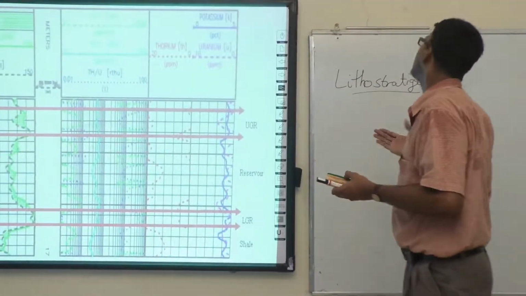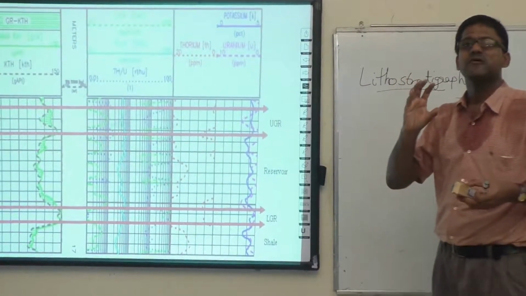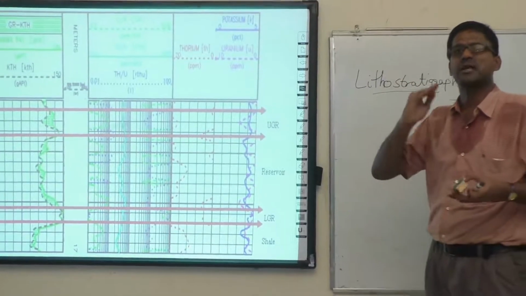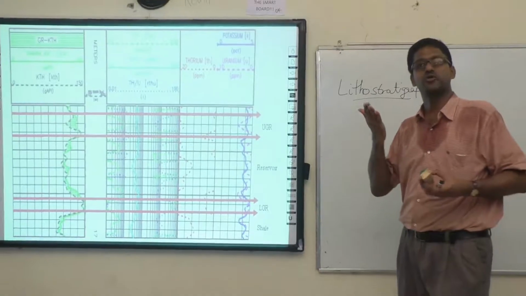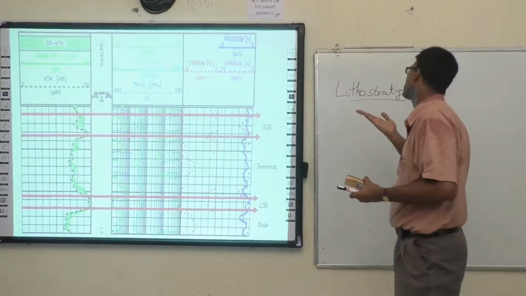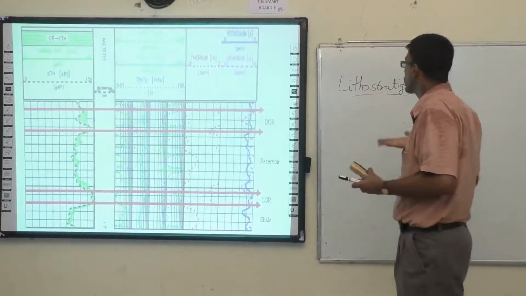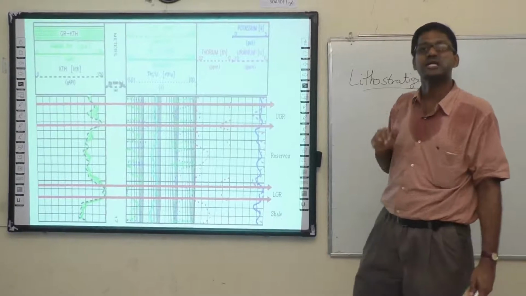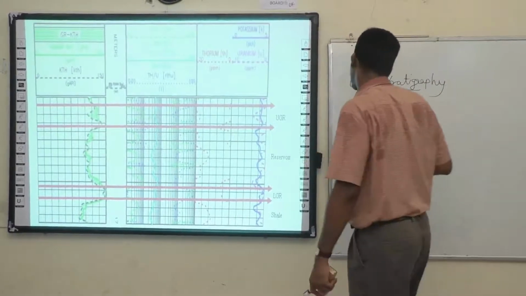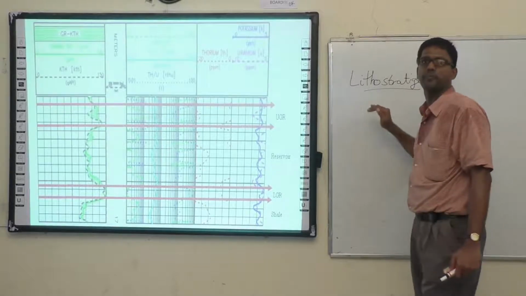Suppose sandstone is present from one particular depth to another particular depth. Above it we can have limestone, above that we can have sandstone, and above that we can have dolomite. Now this is what is called lithostratigraphy, that is, lithology from bottom to top.